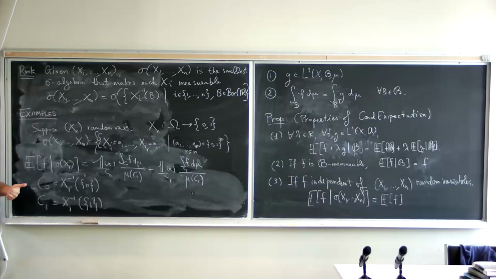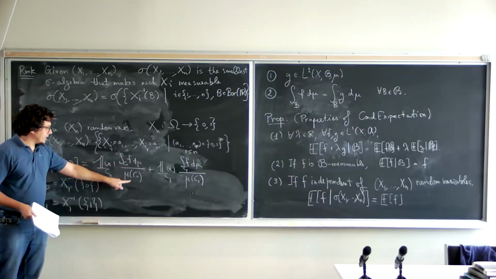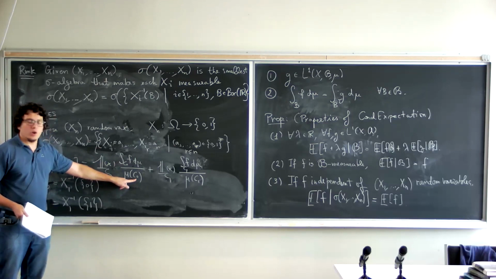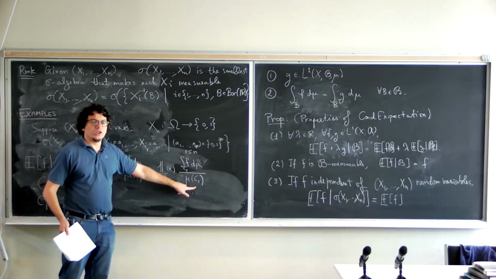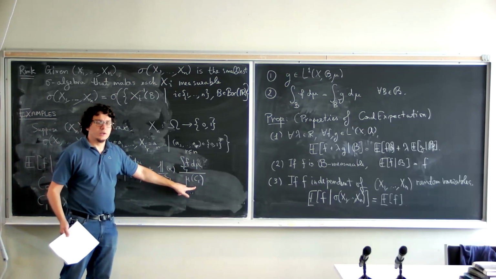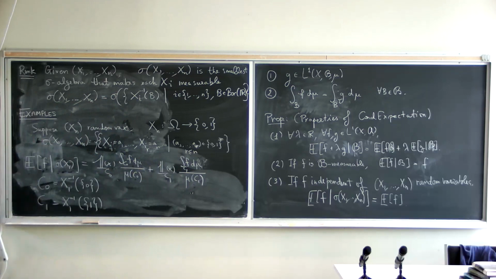If the first digit is 0, you're taking the average of f on the set where the first digit is 0. And if the first digit is 1, you take the average of f on the space where the first digit is 1.